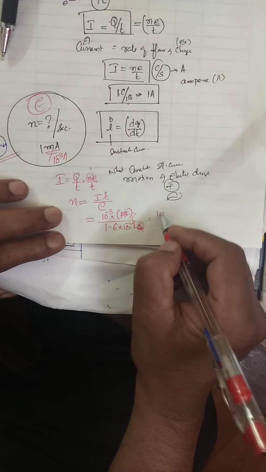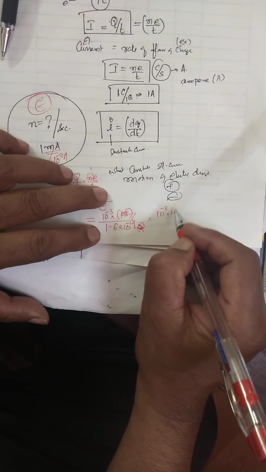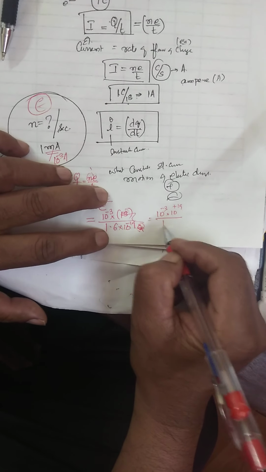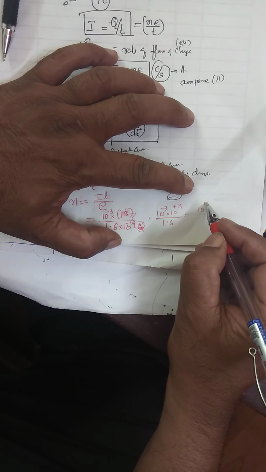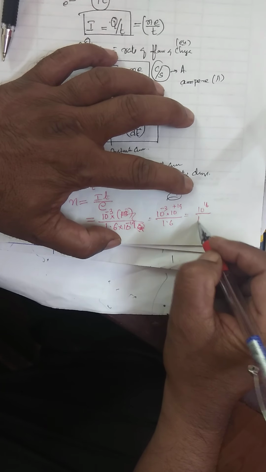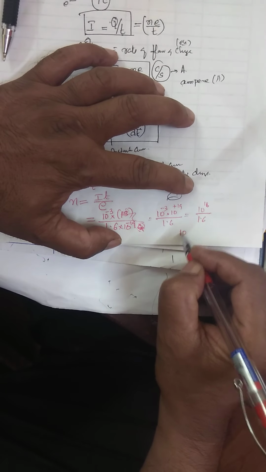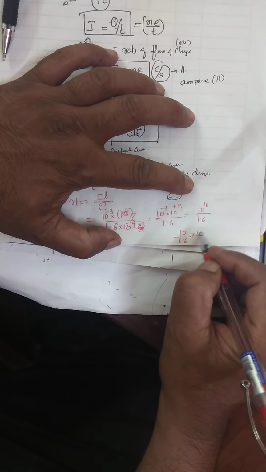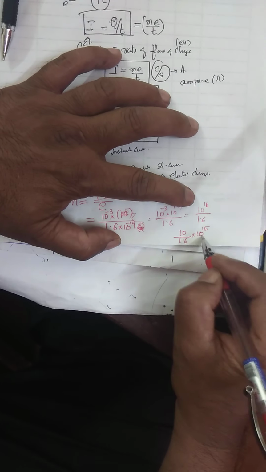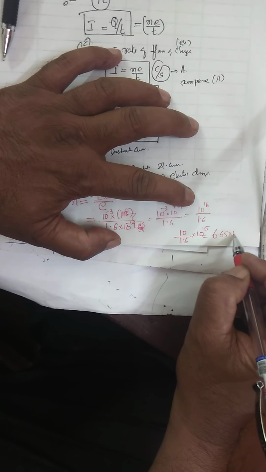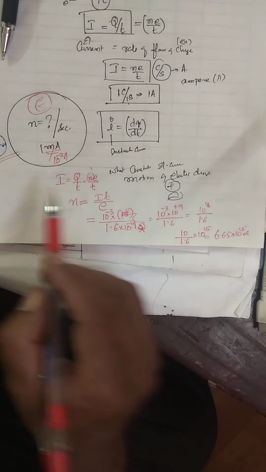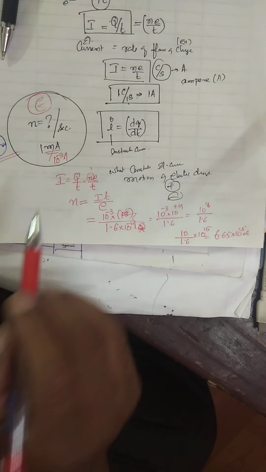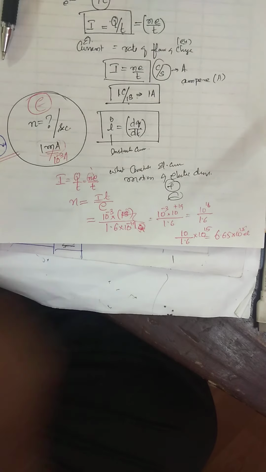Calculate: 10 to the power of minus 3 into 10 to the power of plus 19 divided by 1.6, which is 6.25 into 10 to the power of 15. So that many electrons flowing in 1 second constitute 1 milliampere.